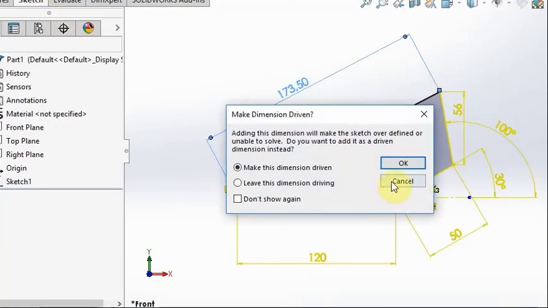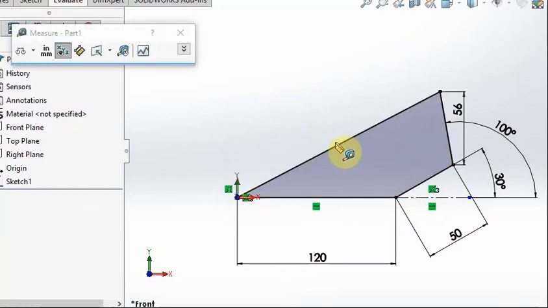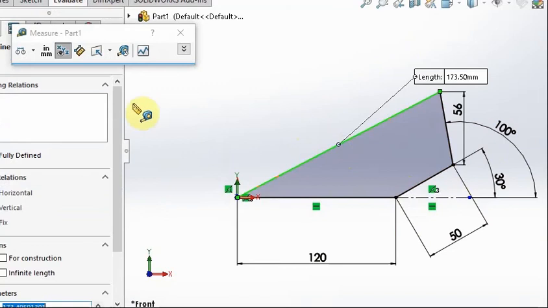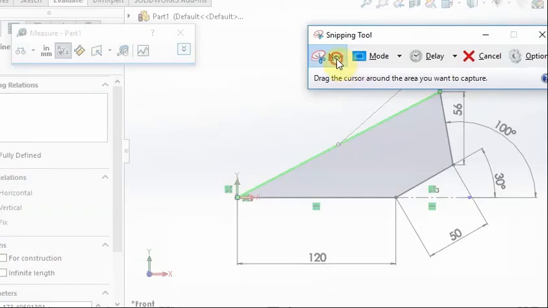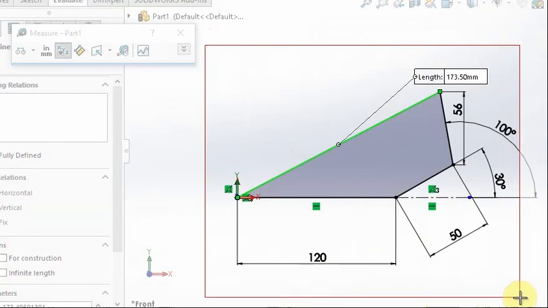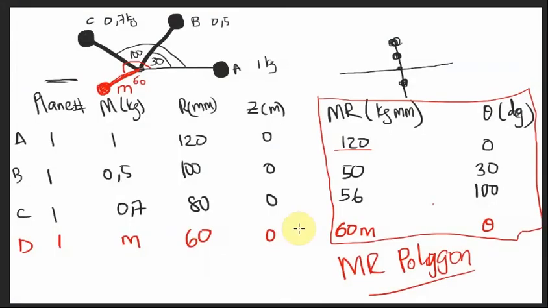We've inputted the correct angles, so we should measure the resultant. When we measure the resultant there, the length of the resultant is 173.50 millimeters. So that is what we want. We're just going to take a picture of this and use the snap software to snap it.